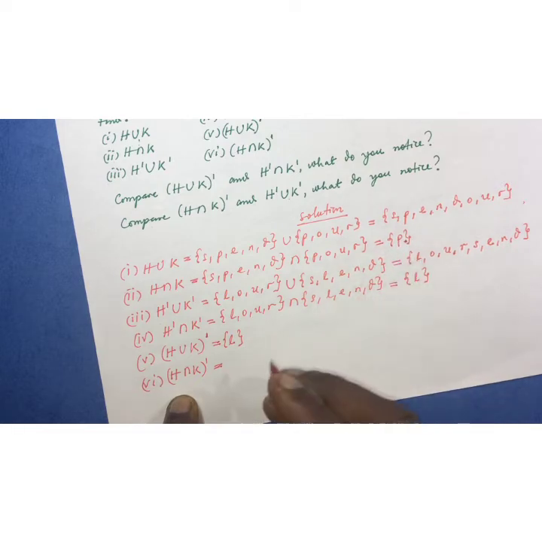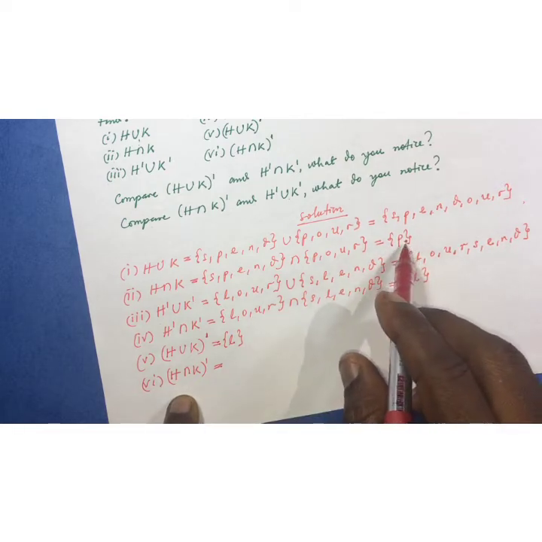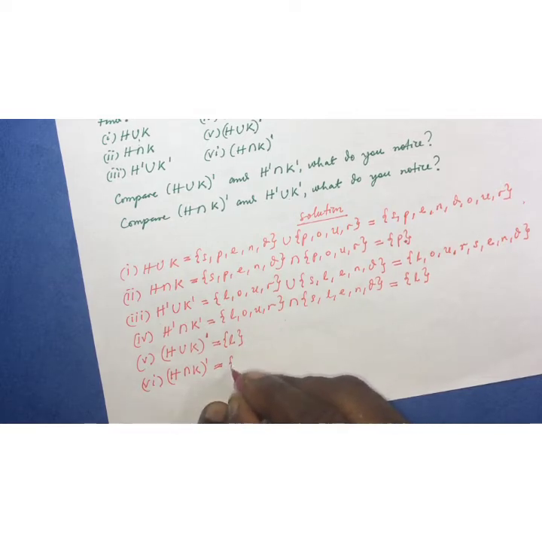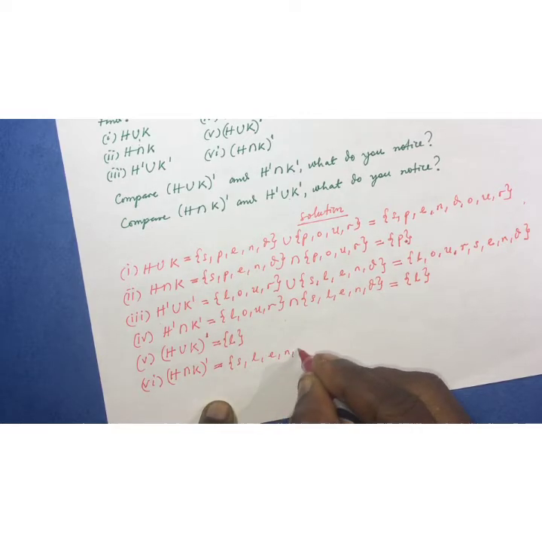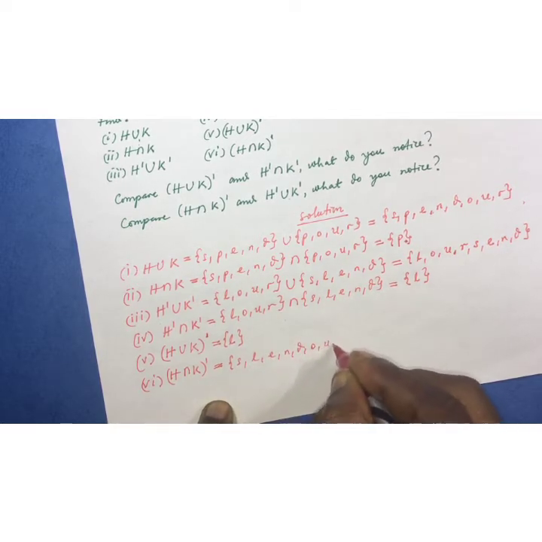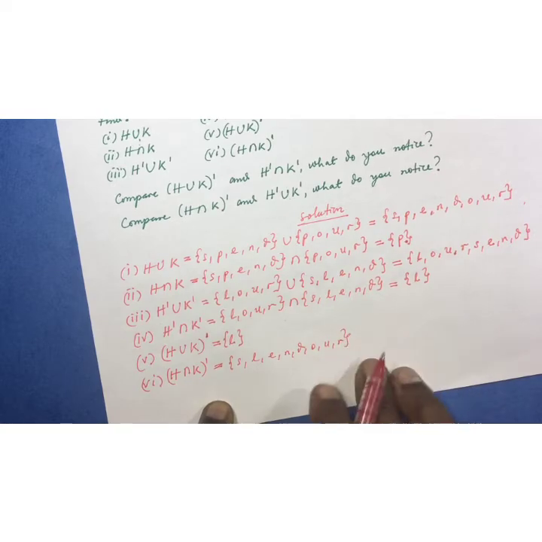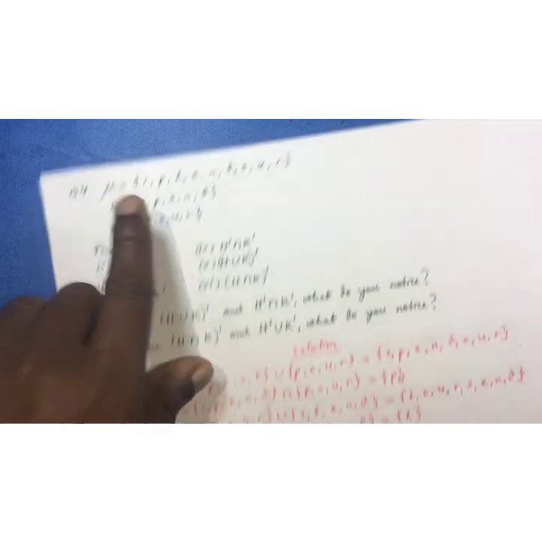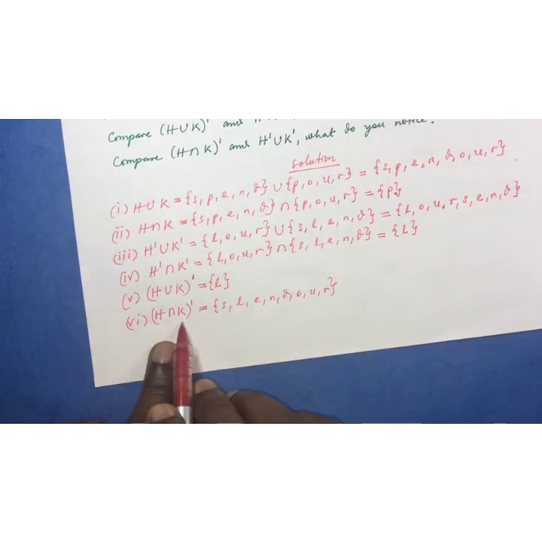The elements of H intersection K complement will be the elements in the universal set not in H intersection K, and that will be all the elements in the universal set excluding P. So I'm going to write SLENDOUR. These are the elements in the universal set excluding P, which is the only element in H intersection K.